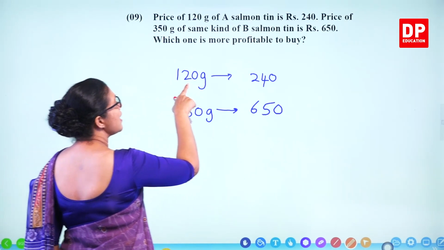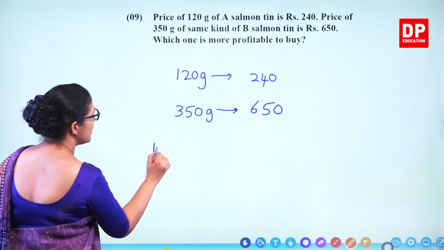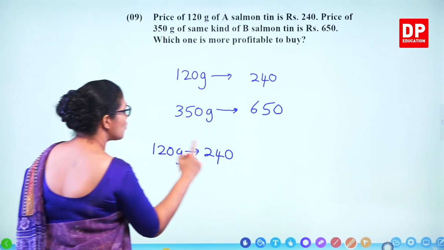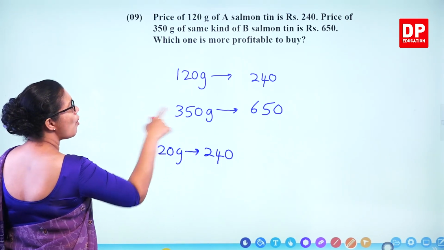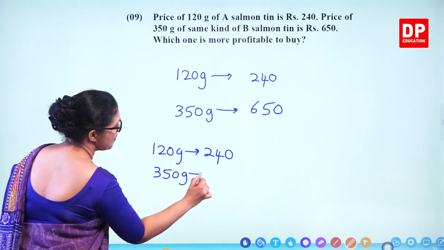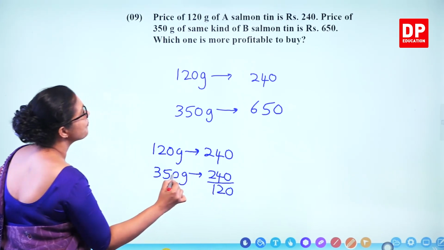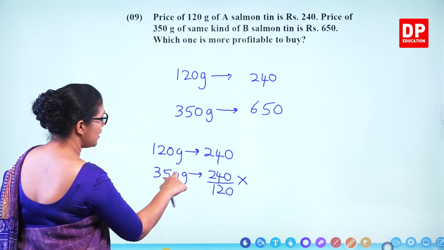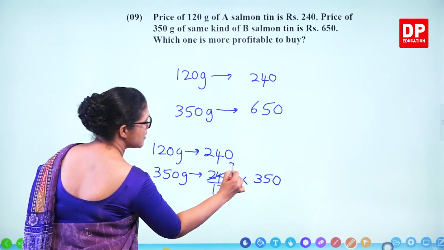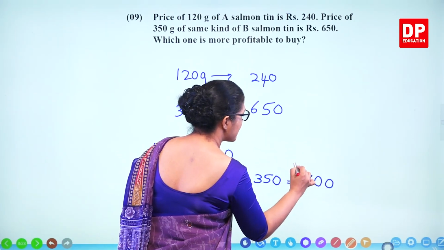Now, we'll take 120. If we are taking from 120 grams, that's 240. So, from the same kind, if you want 350, what is the price then? 240 divided by 120 multiplied by 350. So, this is 2 times this, 2 times 350, 700 rupees.